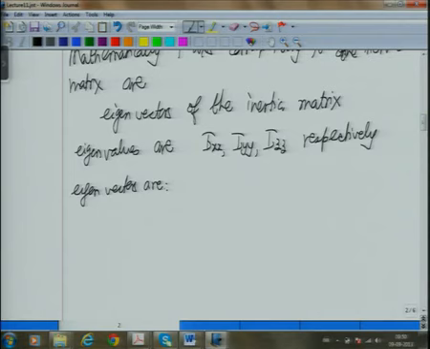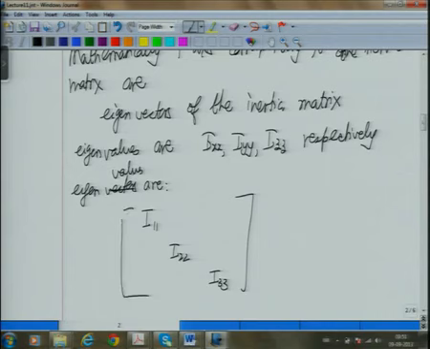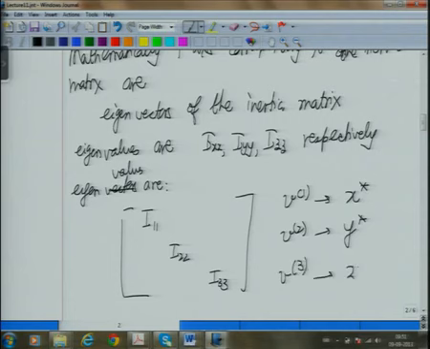If the eigenvalues are I11, I22, I33, now vector V1 will correspond to, let us say, x star, V2 will correspond to y star, and vector V3 will correspond to z star.